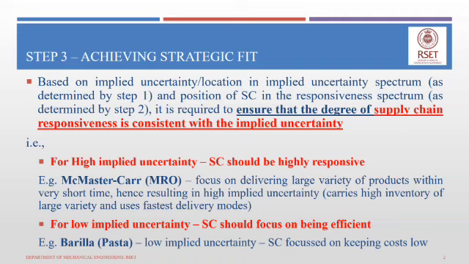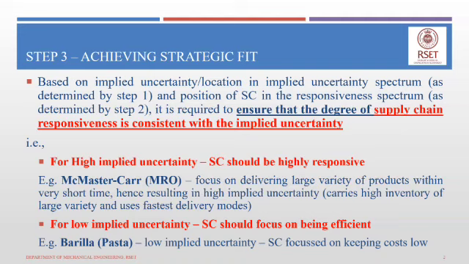So to face this high level of implied uncertainty, the firm has to make its supply chain highly responsive, and this is carried out by carrying high levels of inventory of a large variety and using the fastest possible delivery modes.